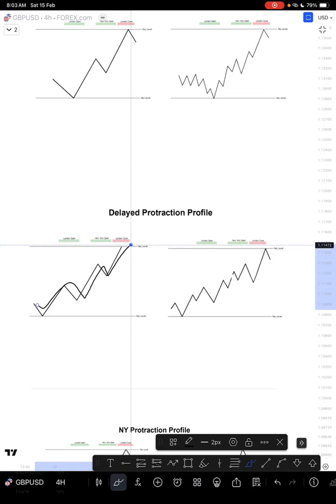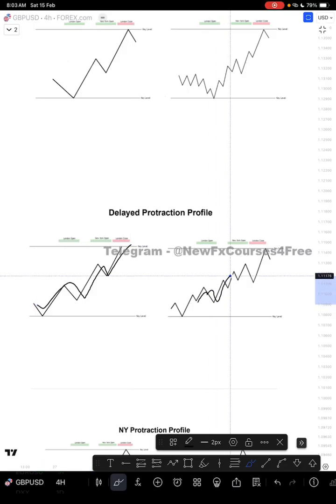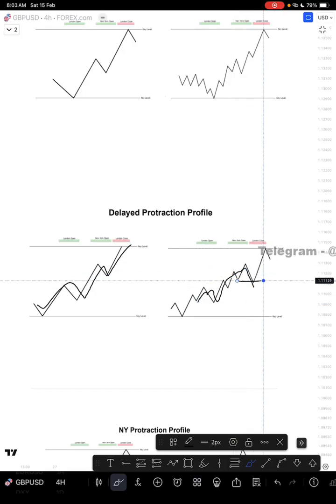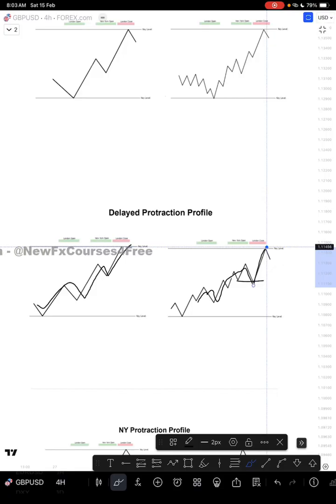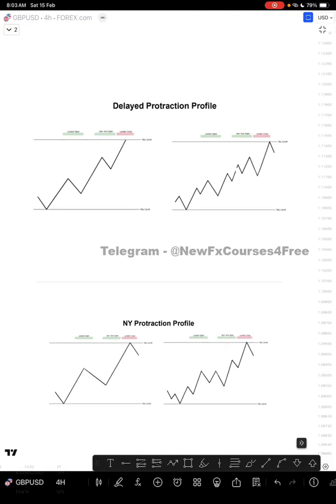Then this is the second scenario. Not much move, just range, moves downwards, rallies, range, downwards, sweeping this low, then London close, expansion into our final draw on liquidity.